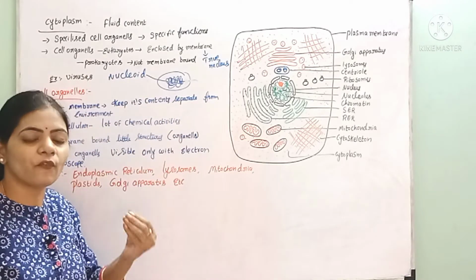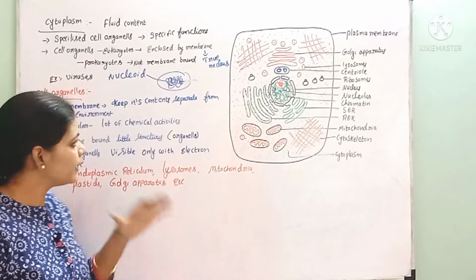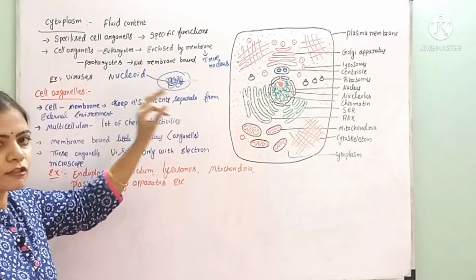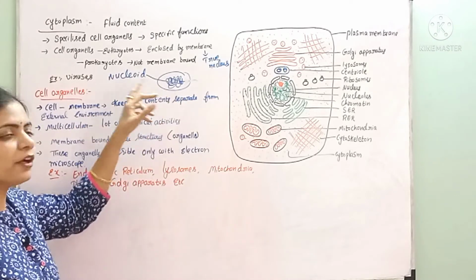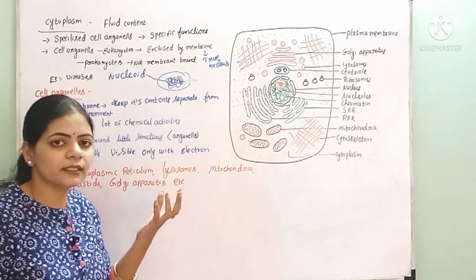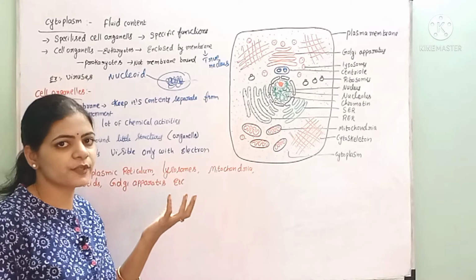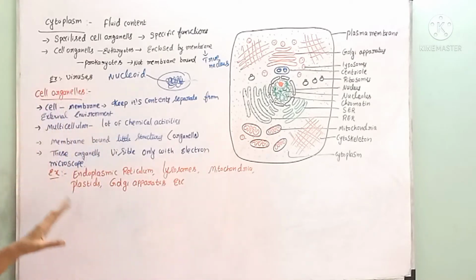That means whatever organelles are present, they are not covered with any membrane, and at the same time the nucleus is also not covered with any membrane. So that is devoid of a membrane, hence it is called nucleoid. So we have to tell in which cell the nucleoid is present. We have to say it is a prokaryotic cell, not the eukaryotic cell.